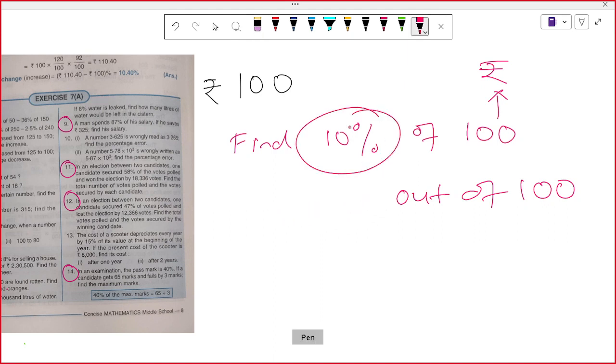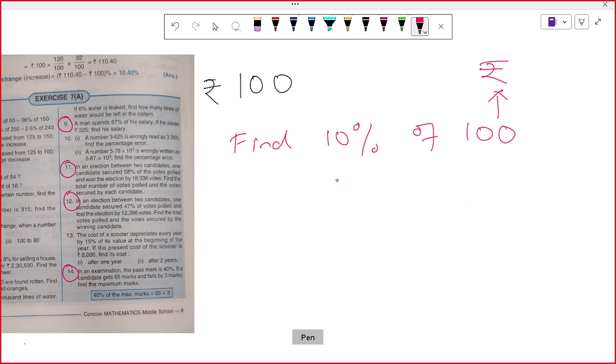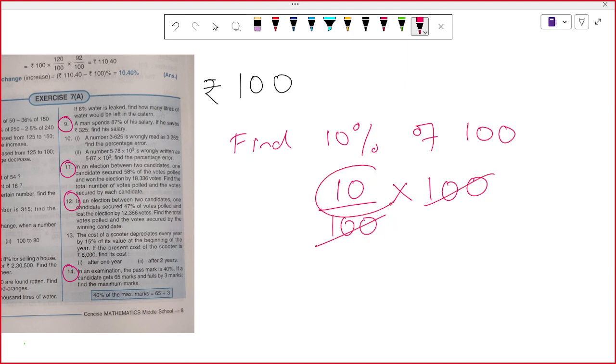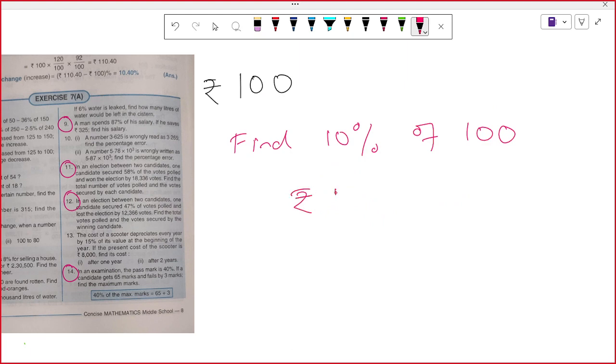But here it's asked in percentage, so you have to find rupees. How do you calculate this? 10 divided by 100 into 100. So 100 and 100 get cancelled. How much is 10% of 100? 10 rupees. Okay, 10 rupees is 10% of 100.